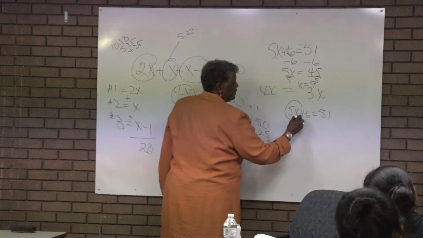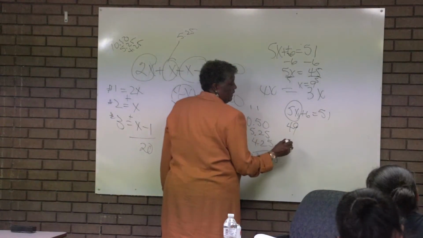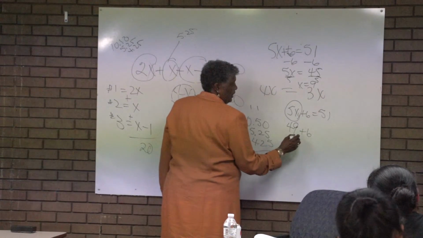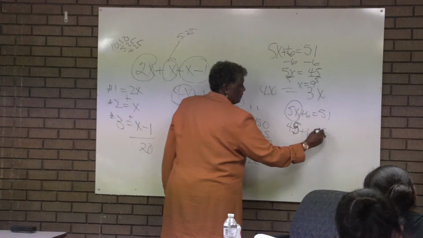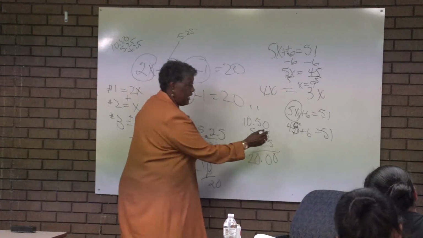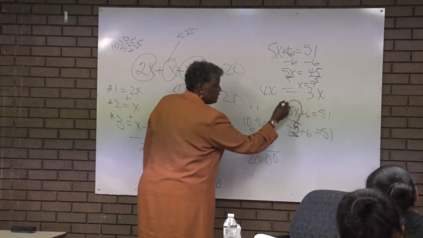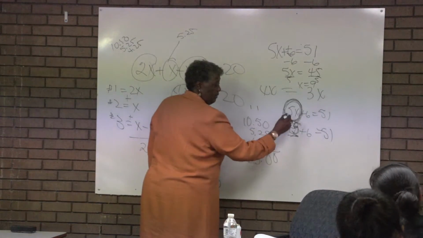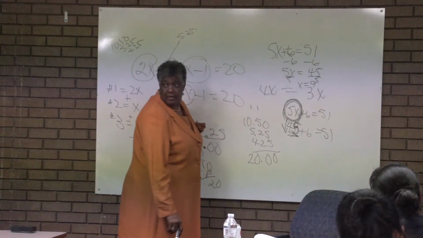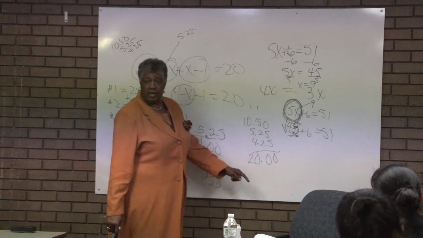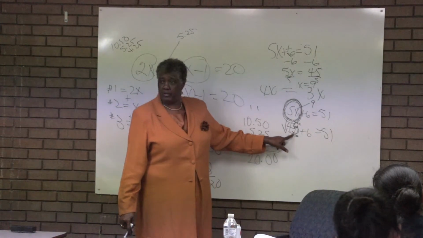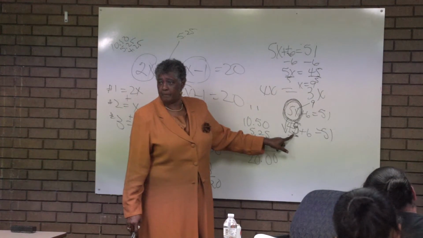I knew that all of this together had to equal 45 plus 6. That meant that this quantity, 5 times some number, had to equal 45. So this number here had to be 9, because 9 is the thing times 5 that would give me this 45 that I needed.